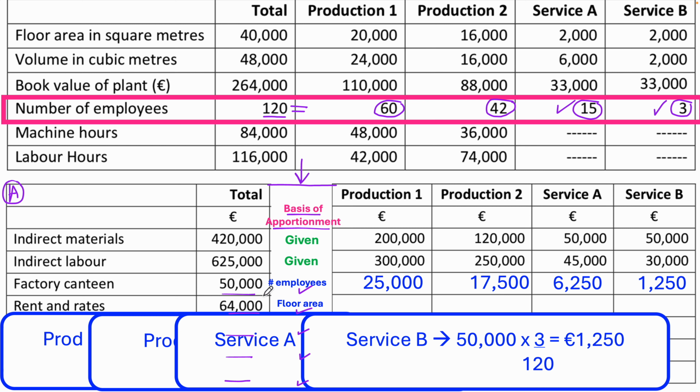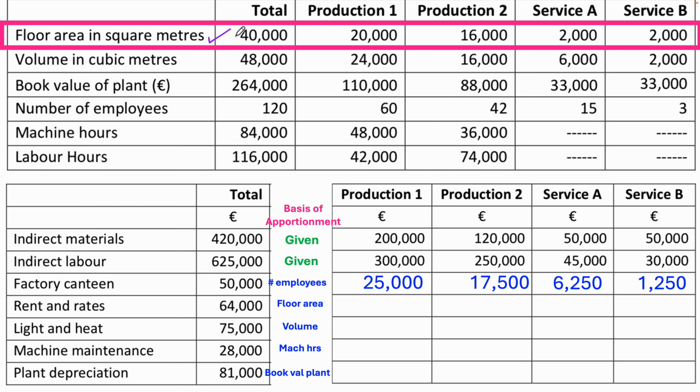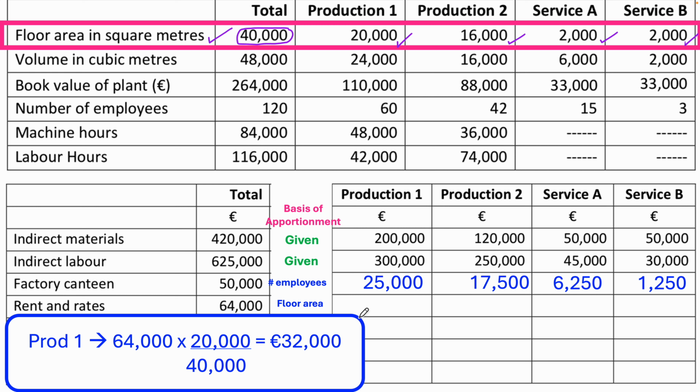Next then, we have rent and rates, and we decided that we're going to split it up using floor area. So you can see here 20,000 square meters are in production 1, 16,000 are in production 2, 2,000 are in service A, and 2,000 are in service B. So 40,000 in total. So let's split that up. So 64, half of them are going to go into production 1, so 64 multiplied by 20 over 40.